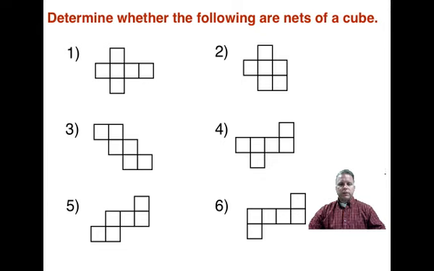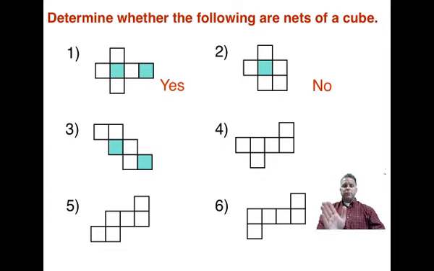Okay, so for number one, the answer is yes. Because basically those can fold over and be parallel to each other. So that would be able to form a cube. If you look at number two, there's no way to get anything parallel with that. So that would be a no. Now, number three is a little tricky, but actually, yeah, you could get those two sides to be parallel to each other.